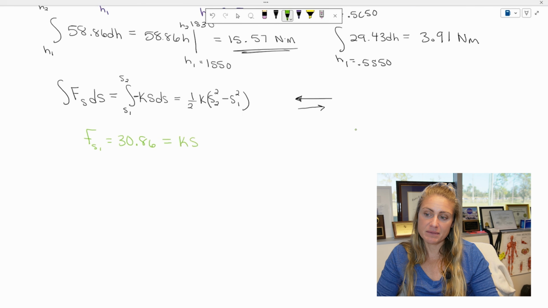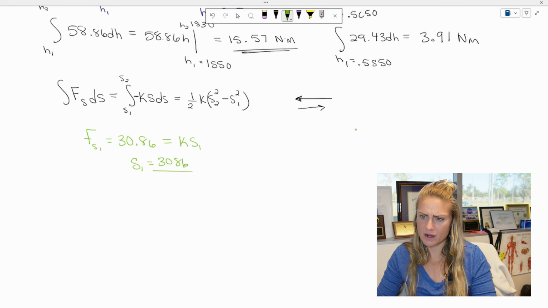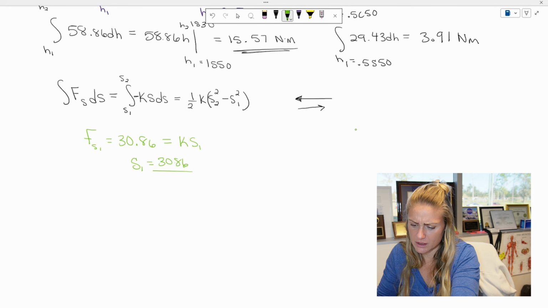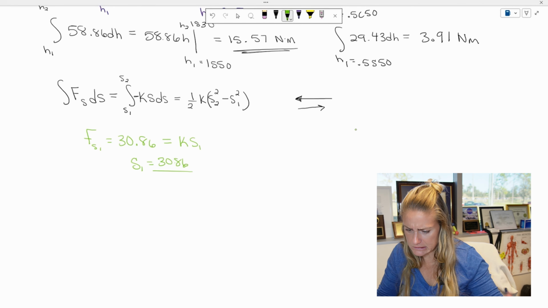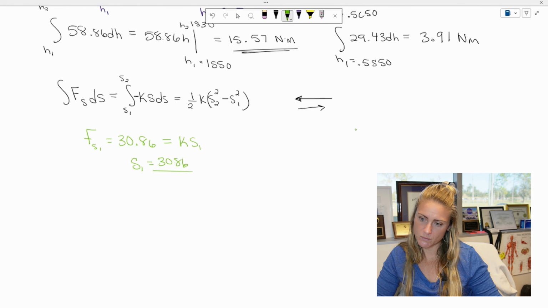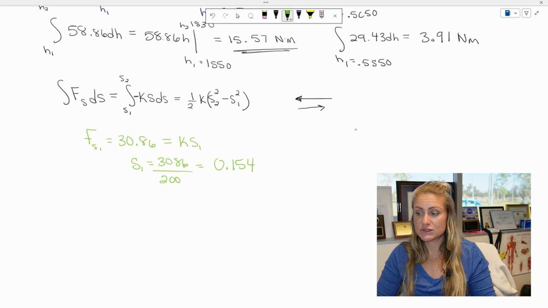So if I divide by K, I should be able to find S1. So S1 equals my force, 30.86, divided by my spring constant, which I believe they gave me, was 200. So I'm going to divide this by 200, and I'm going to get 0.154.